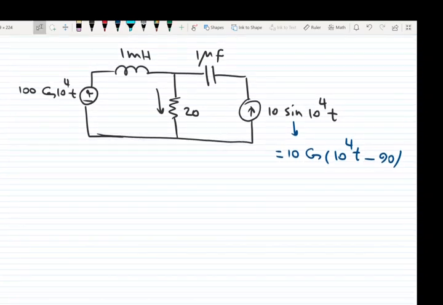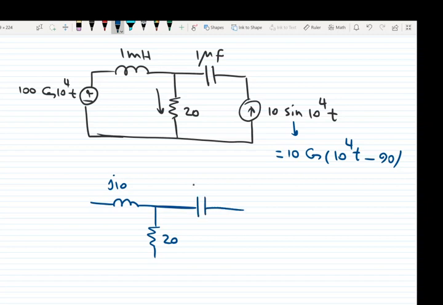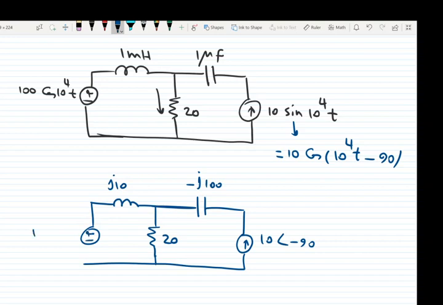Let's convert this circuit to phasor, and we will have j10, 20, negative j100, the current source 10 with the angle of negative 90, and 100 with the angle of 0, and of course omega is 10 to the power of 4.